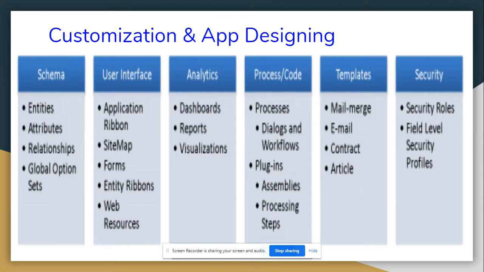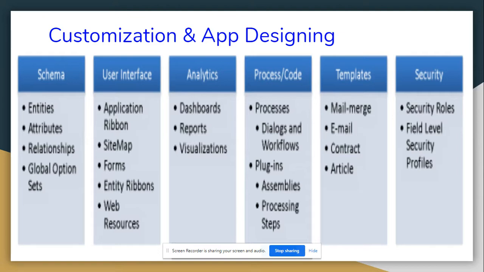We are going to work on these blocks only: schema, user interface, analytics, processor code, templates and security. These are the things we are going to work on as a developer in the back end. We need to know everything, what they are and what they are doing. If we understand the basic knowledge of these things, then no one will stop us.